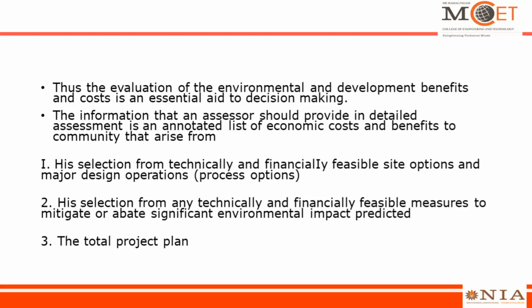Number two, his selection from any technically and financially feasible measures to mitigate or abate significant environmental impacts predicted. And third is a total project plan. So first thing is technical and financial aspects related to site and design process of the plant. Second one is dealing with environmental impacts, positive or negative, and if possible, if you can mitigate or reduce impacts, how much cost is involved in that. Third one is a total project plan.